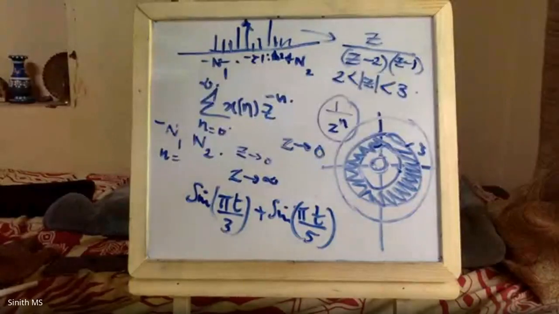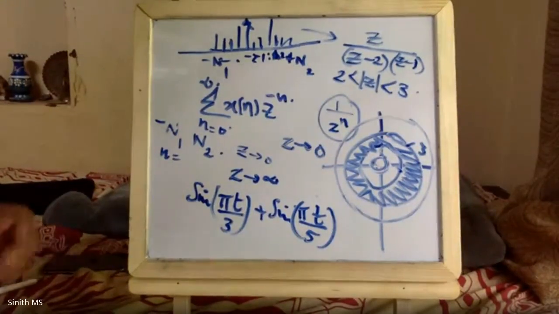Sine pi t by 3 plus sine pi t by 5. Is it periodic or aperiodic? Okay, Anju is telling periodic. Anju, can you tell why it is periodic? And what could be the period for that?